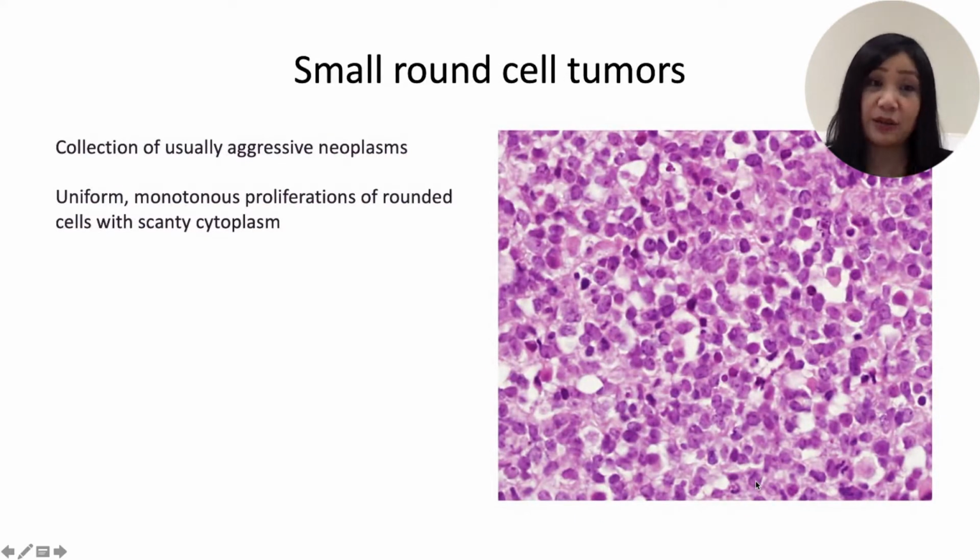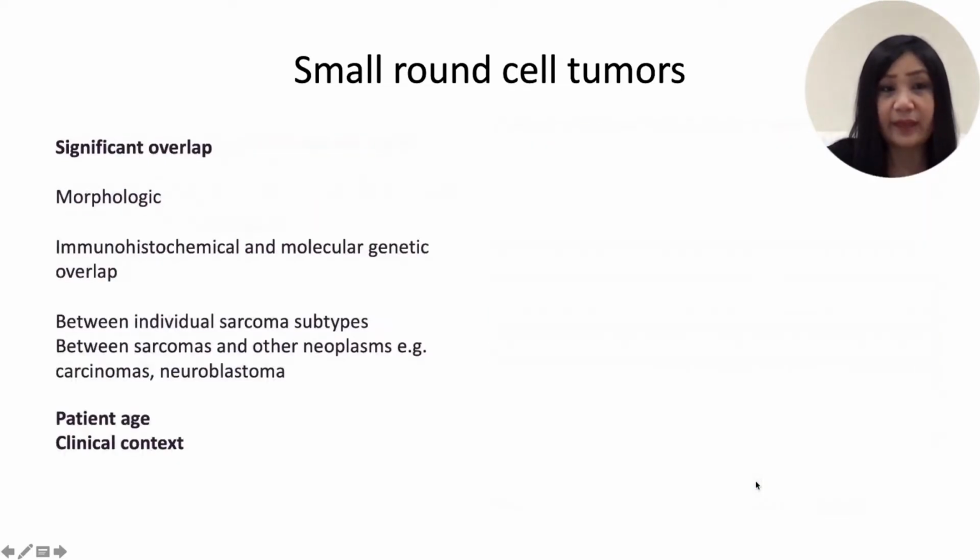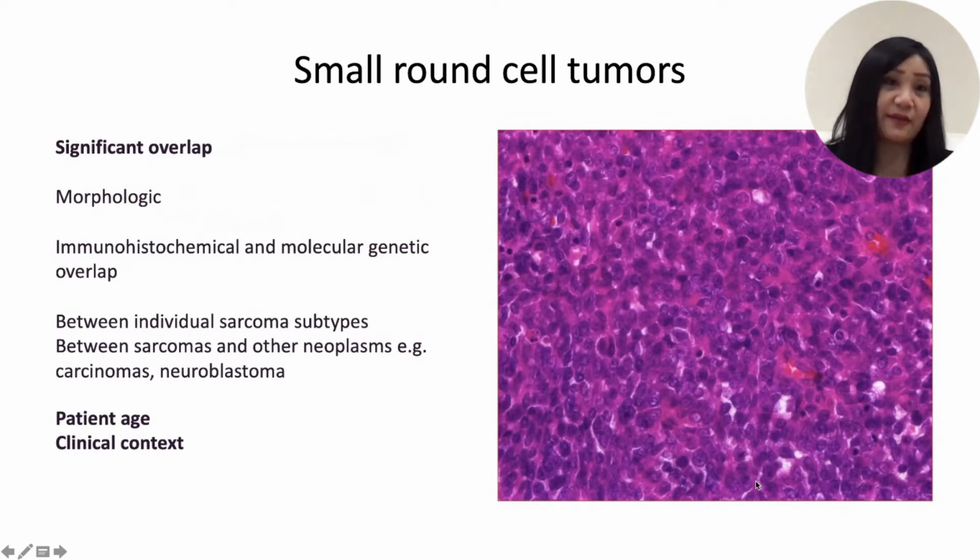So small round cell tumors represent a collection of typically aggressive tumors characterized by uniform, monotonous proliferations of rounded cells with high N/C ratio. And there is, of course, significant overlap between them, not just morphologically, but immunophenotypically and molecular genetically. Cyril has already described what a promiscuous gene EWSR1 is.